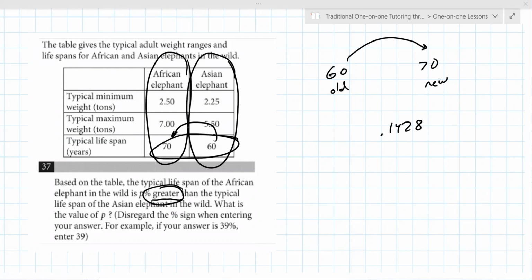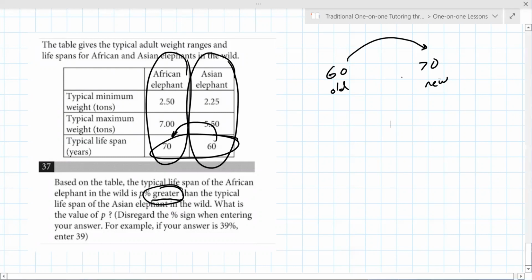So yeah, it's 14%, we'll say. Well, I put in 60, 70 in parentheses and divided by 60, and I got negative 0.16 repeated. Because there's two numbers, it depends. It's 70 minus 60 over 60, which is 0.166 repeating, or 16.7%.